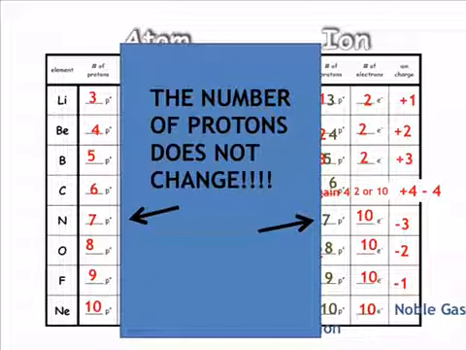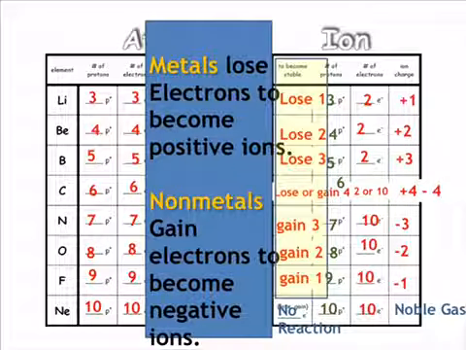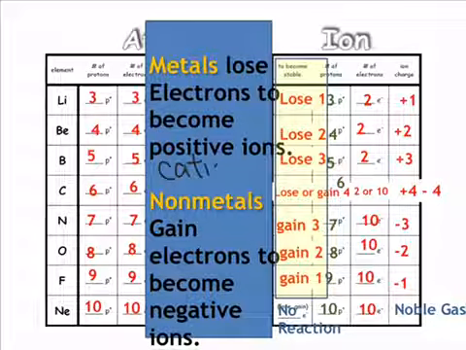thing we want to remind you, that when an atom becomes an ion, it's the electrons that change. The number of protons don't change. So once this element has become an ion, either a cation or an anion, we are still going to see that column for the number of protons stay exactly the same. They do not change. We want to always be reminded metals lose electrons to become positive ions, which we call, you should know this, cations.